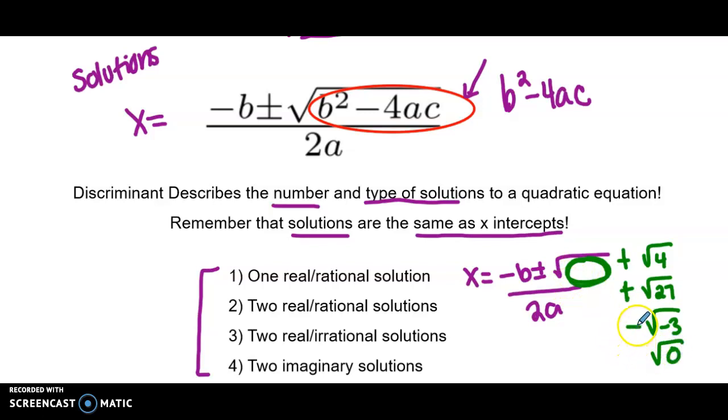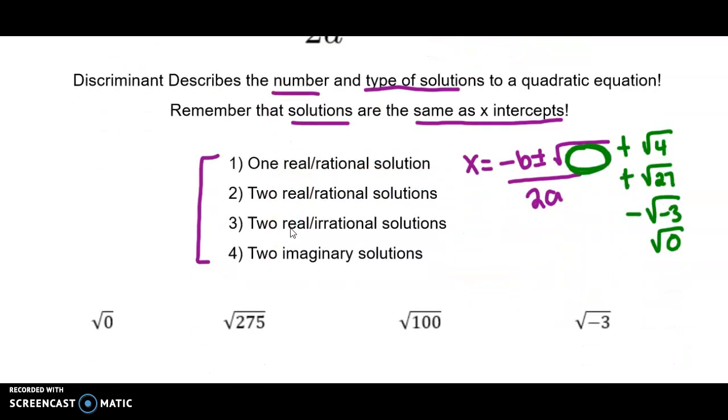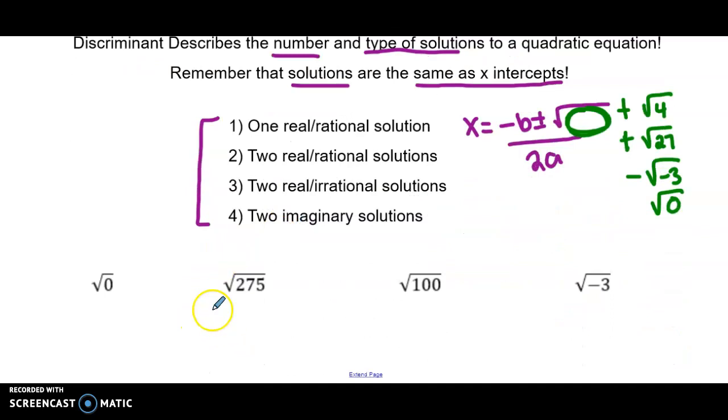So what we're going to do next is we're going to take a look at how we can tell the graph and this portion of the radical are related. But before that, I just want you to think about this. If we take the square root of 0, we end up with 0. There's one answer here. So the square root of 0 is just 0. Okay, that's one answer that I get from underneath the radical.